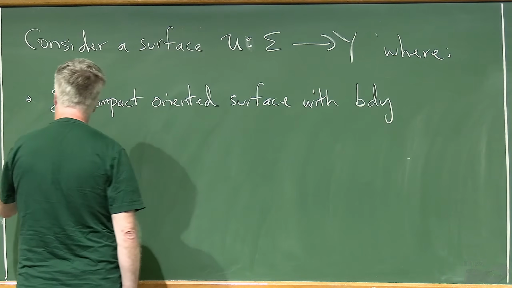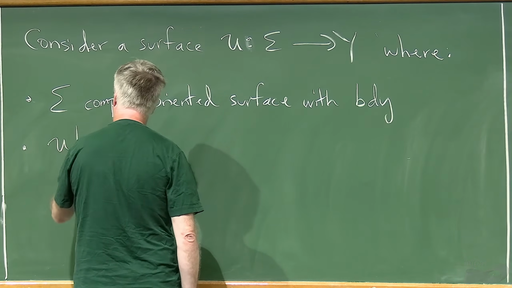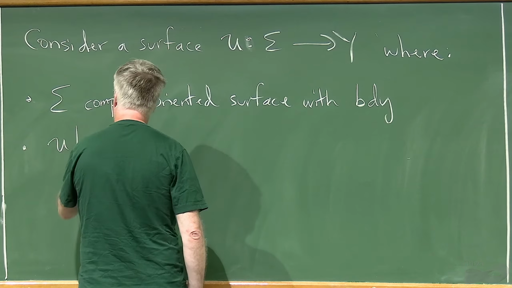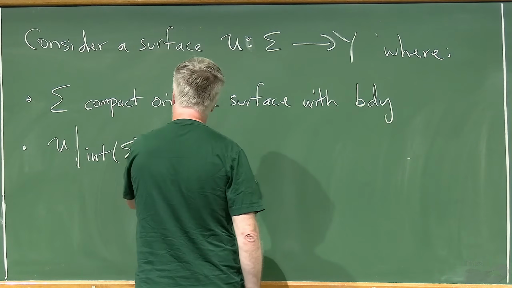U is an embedding except possibly on the boundary, so U restricted to the interior of sigma is an embedding.